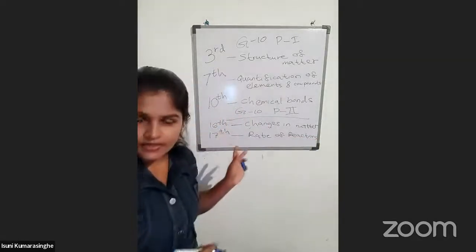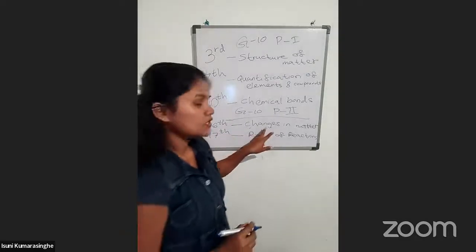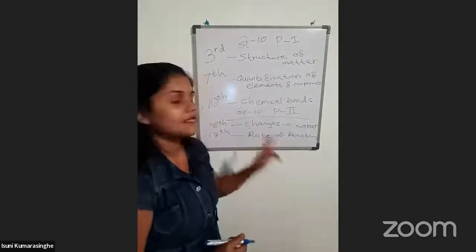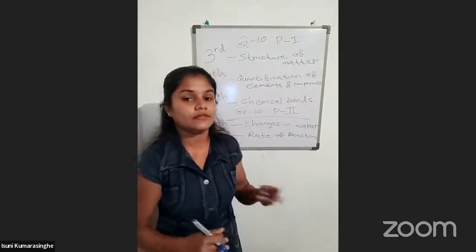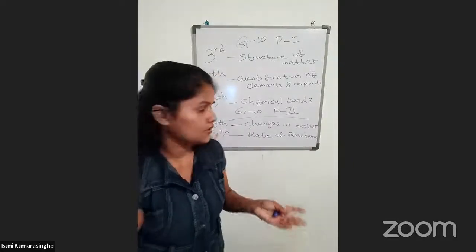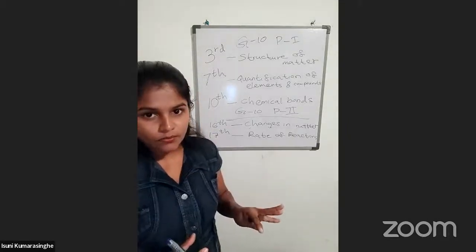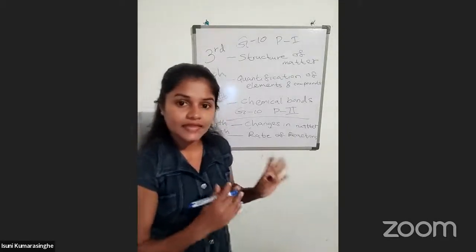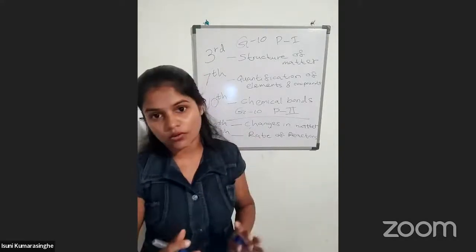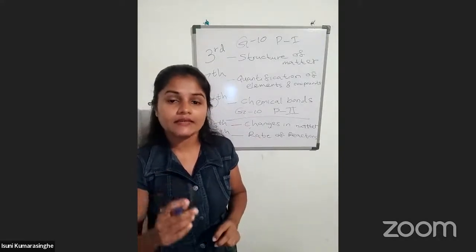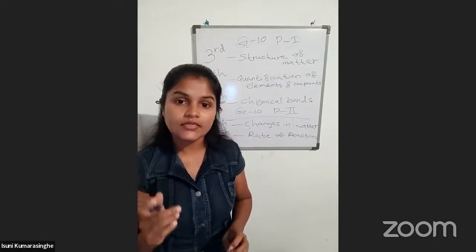In the 16th lesson, I already told you we discuss changes in matter, that is, how matter changes with chemical reactions. Some chemical reactions take place very rapidly, and some are very slow. Some reactions take millions of years to complete.